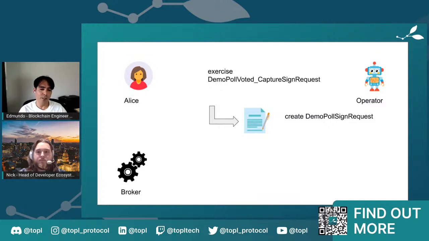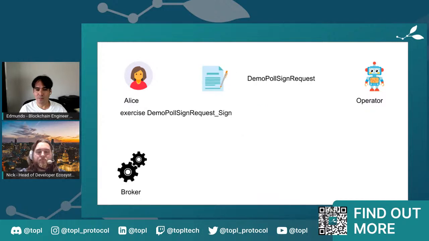So here we need to transform that unsigned transfer request that comes as a contract from the DAML tuple library and transform it to something that Alice, or the application developer, knows better, which would be this demo poll sign request.